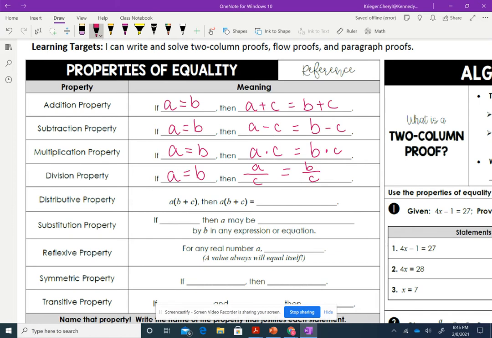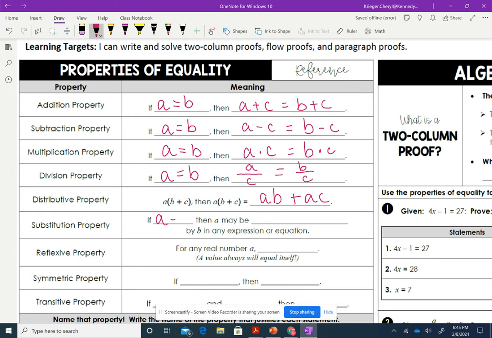Distributive property says A times quantity B plus C equals AB plus AC. Substitution property.